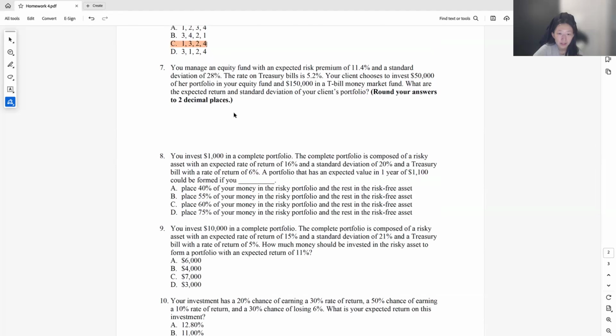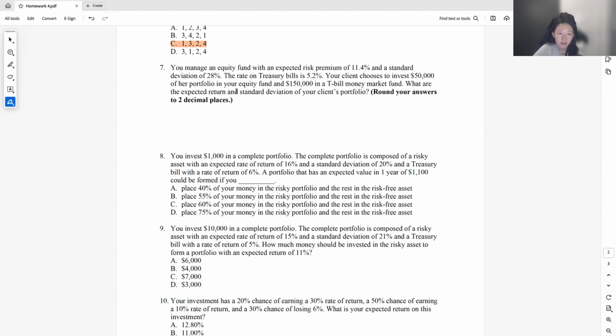And there is a numerical question here. You manage an equity fund with an expected risk premium of 11% and a standard deviation of 26%, treasury bill 5.2%. The client chooses to invest $50,000 in the equity fund and then $150,000 in the T-bill.